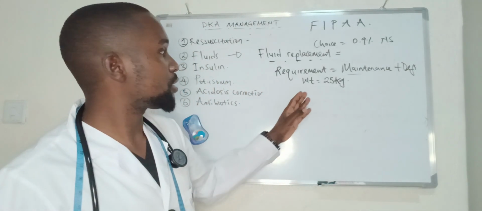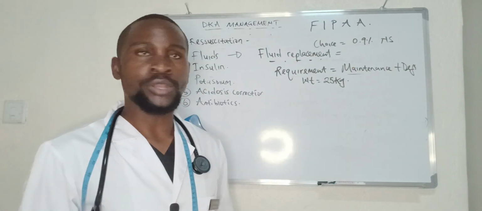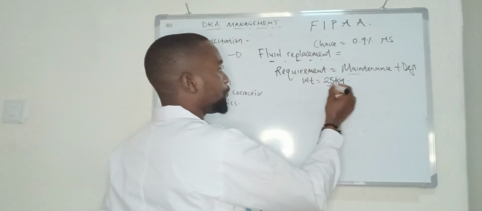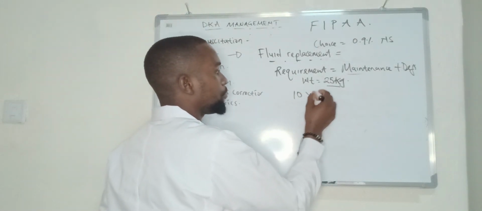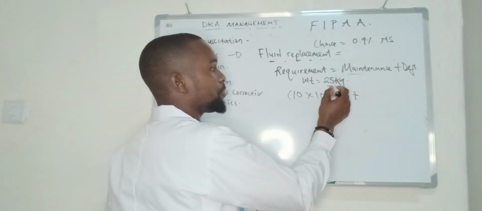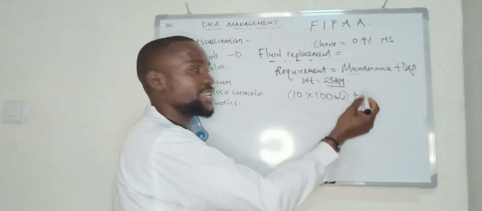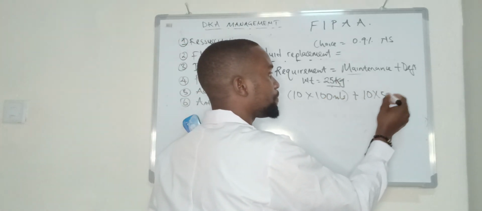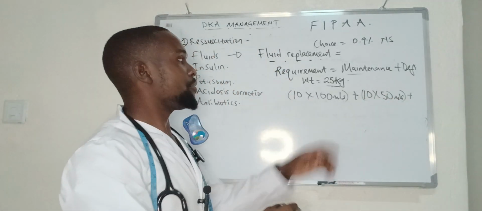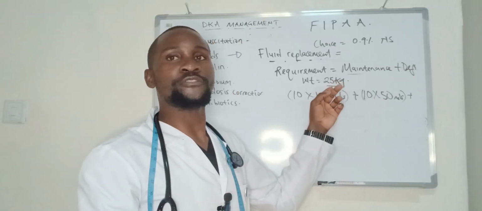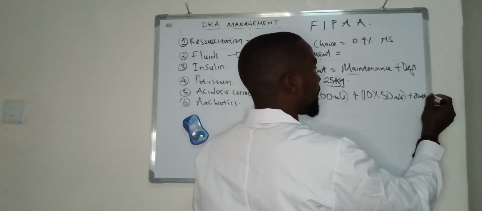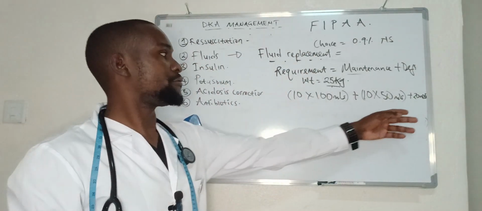So how are we going to administer the fluids in this particular patient? Maintenance fluids for 25 kg: we get 10 kg, so 10 multiplied by 100 mils, plus, when we get 10 kg from 25, it remains 15. There's another 10 kg, which is 10 multiplied by 50 mils, plus, from this we remain with 5, so it's 20 mils times 5 kgs.